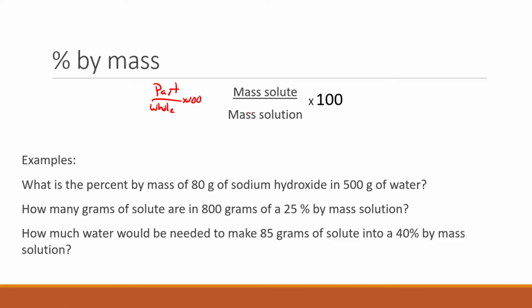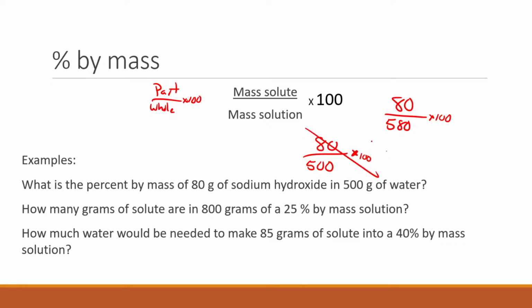And here, with percentage, we're actually going to see a much bigger amount of solute. So here when we look, 80 grams of sodium hydroxide in 500 grams of water, if we solve it correctly, that's 80 over 580 times 100. Which is very different than if you solve it incorrectly. Right, this 80 is a much bigger piece of our solution here.